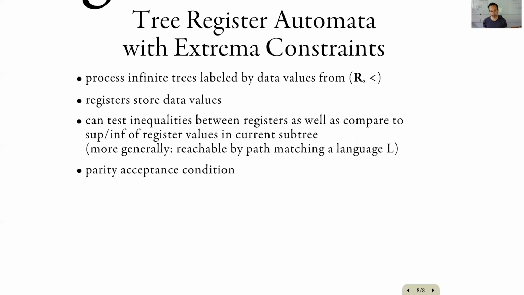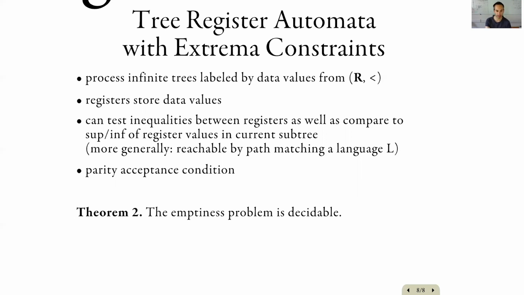And these automata have, as usual, a finite state space, apart from the registers which can store values from an infinite space. And based on those states, we can define a parity acceptance condition, which is supposed to hold on every path of the accepting run.